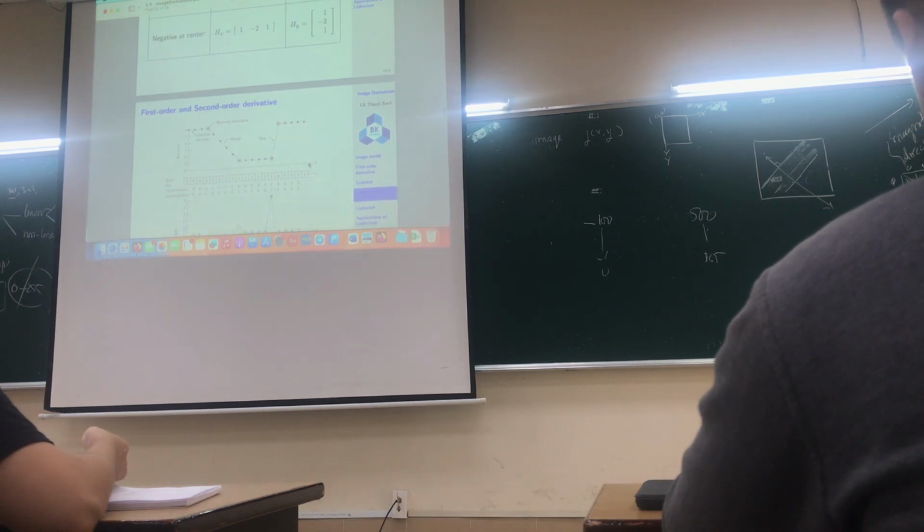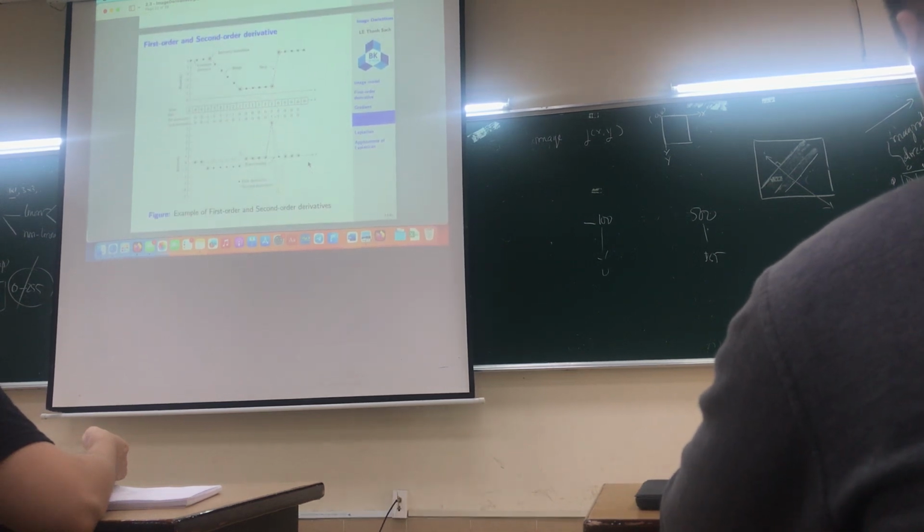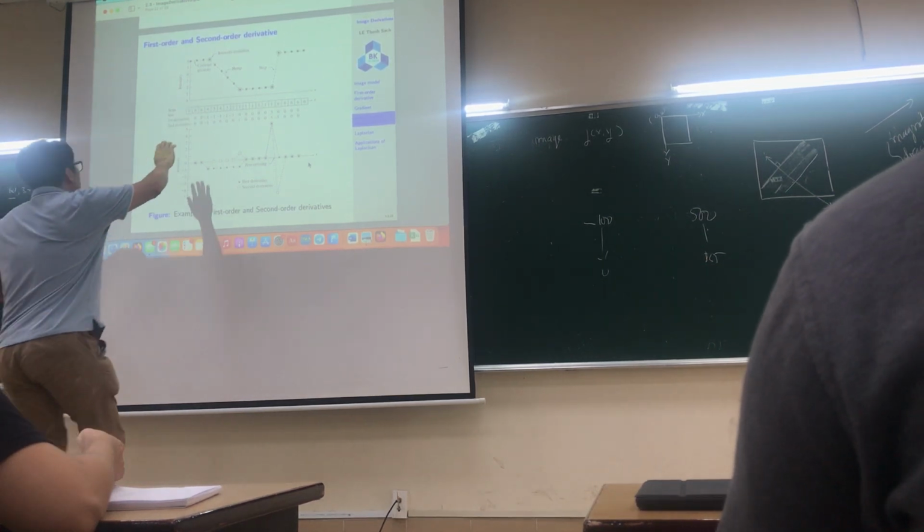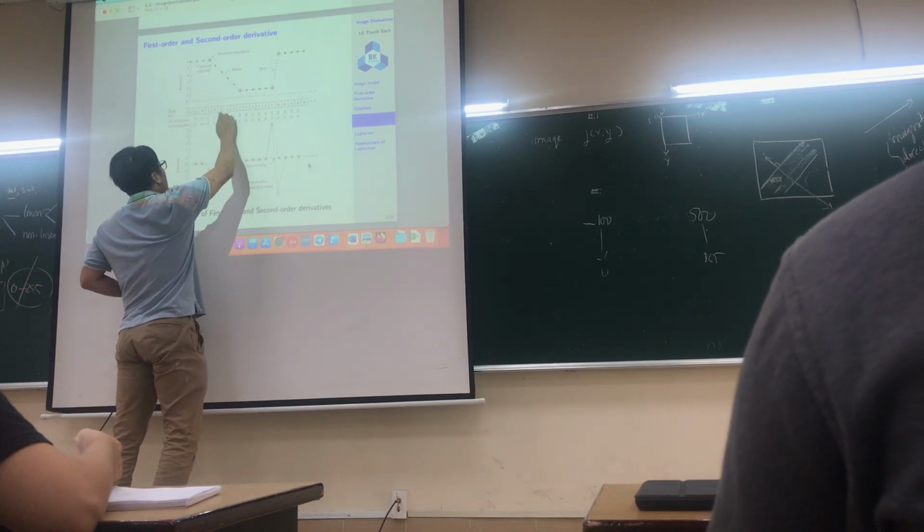And here I show you the properties of second order and first order. You can see what I mean. Here the intensity is like the value here.